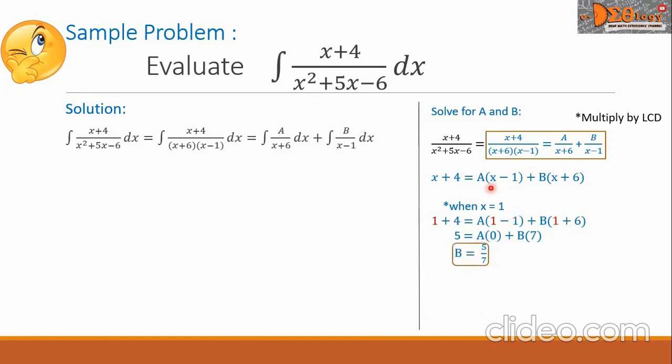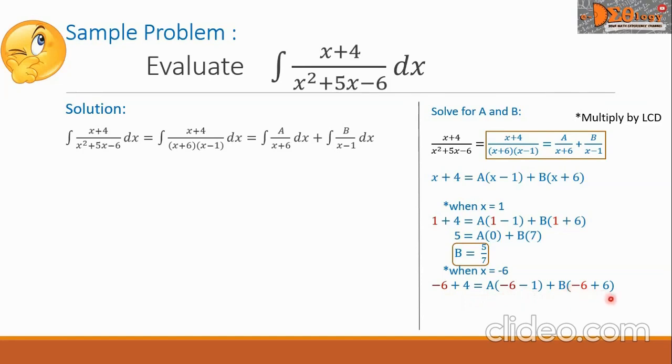Solving now for the value of A, we want B to have coefficient that is 0. So let us set x equals negative 6. Substituting this value, we will have negative 6 plus 4 equals A times negative 6 minus 1 plus B times negative 6 plus 6.